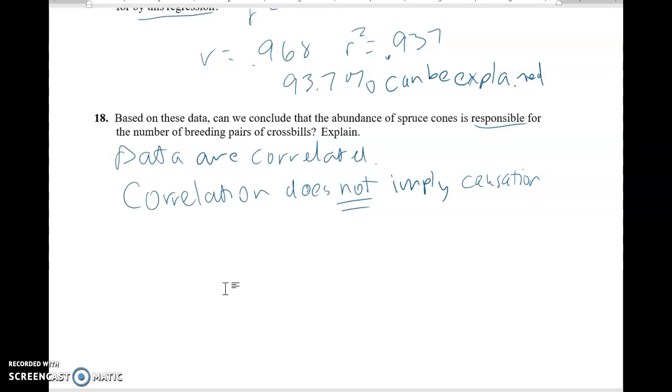Look for when the y-intercept is outside of the range of possibilities. Sometimes you can interpret the y-intercept, but sometimes the y-intercept doesn't actually mean anything. Also remember, we have to think about the influence of outliers. A horizontal outlier has a much greater effect on slope. Vertical outliers tend to have an effect on the goodness of fit. Okay?